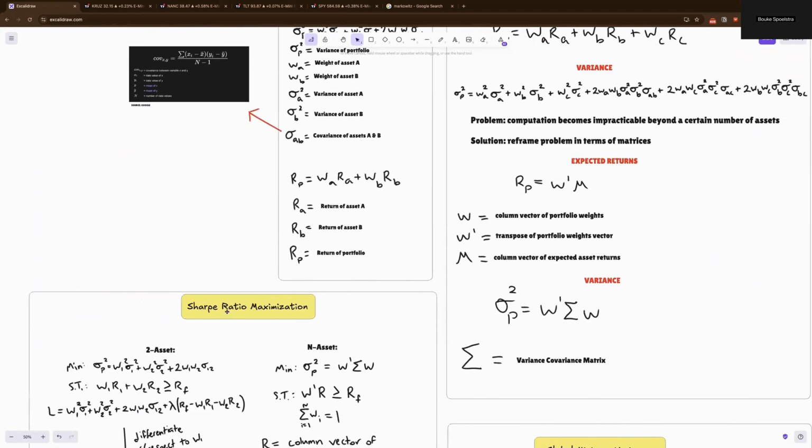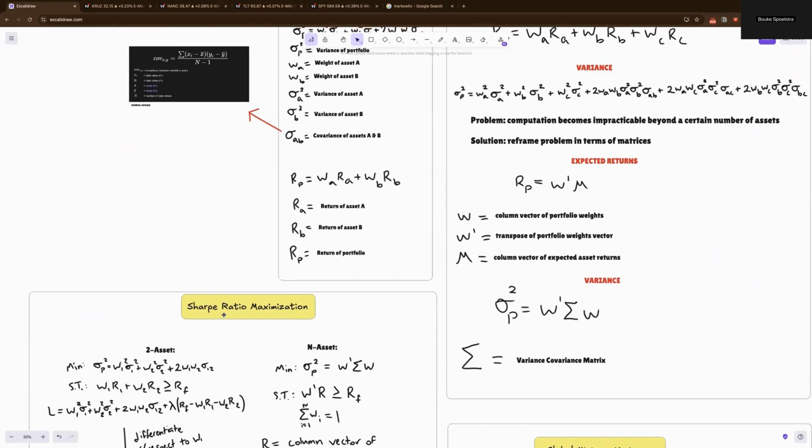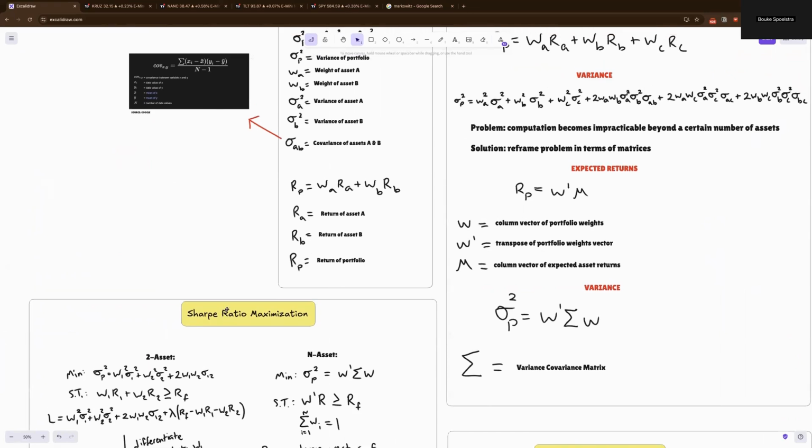So the Sharpe ratio maximization would be the typical normal optimization, where you're basically trying to maximize the returns above a certain threshold, the risk-free rate, and minimize the variance of the portfolio.